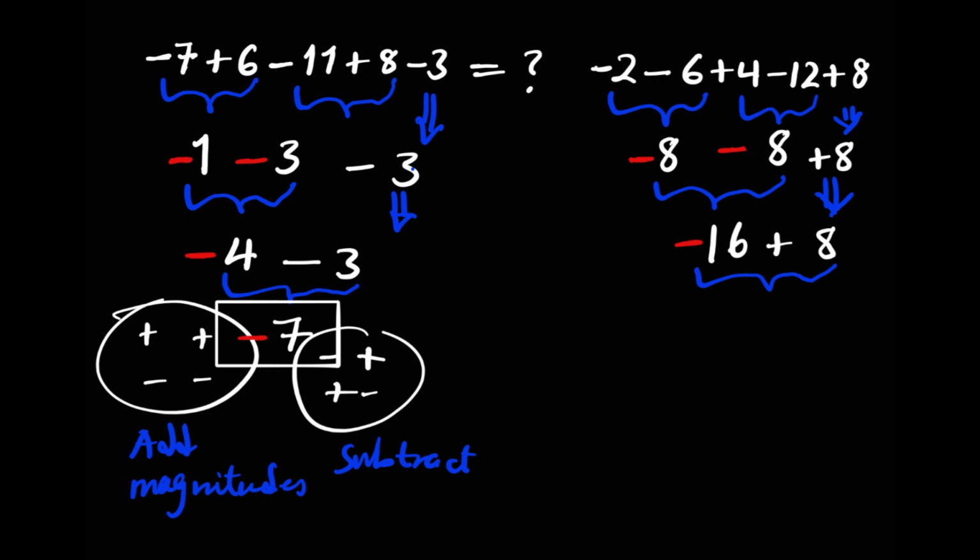When the signs are different, we subtract the magnitudes and then use the sign of the bigger number. 16 minus 8 is 8. And then because 16 is bigger than 8, we use the sign of 16, which is negative. And this is the final answer to this question.